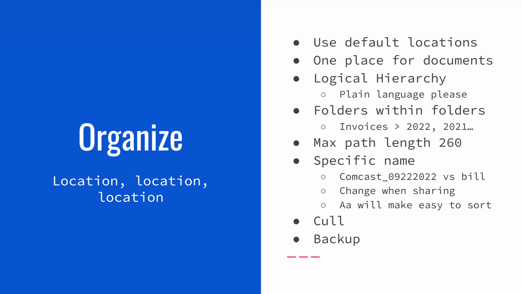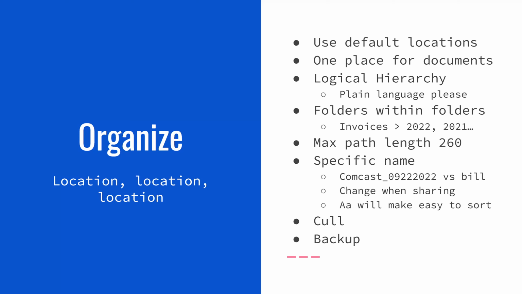Another thing that's kind of important is for a lot of services, especially if the file is located on the computer, the max path length for a Windows computer is 260 characters.